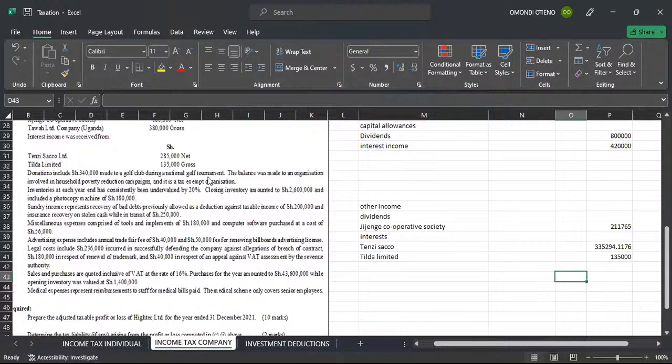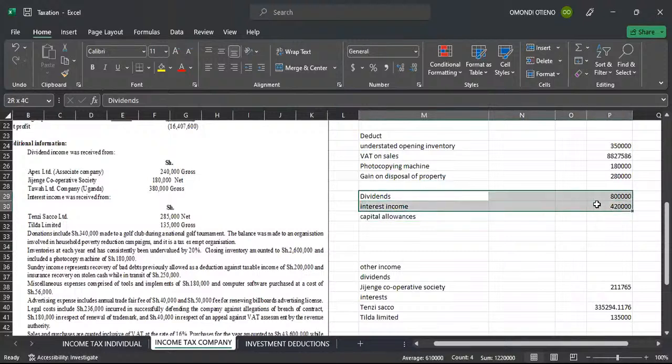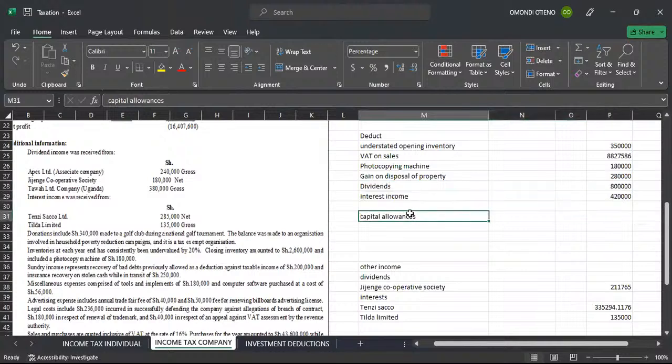So once that is taken care of, there's an item which is remaining, that is capital allowances. Now we come to put them here. Let's put them here and list the assets which are going to qualify for the capital allowances, the assets which we were deducting or the assets which we are adding back.